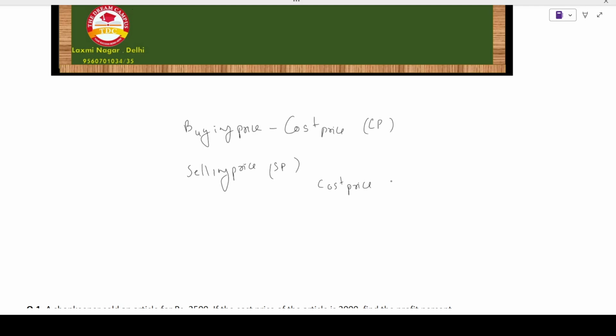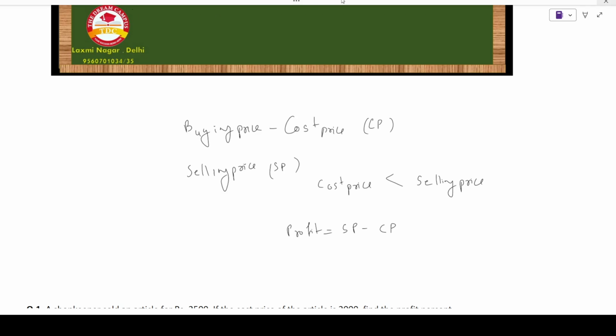So if cost price is less than selling price, that means we are making profit, and the amount of profit will be selling price minus cost price.